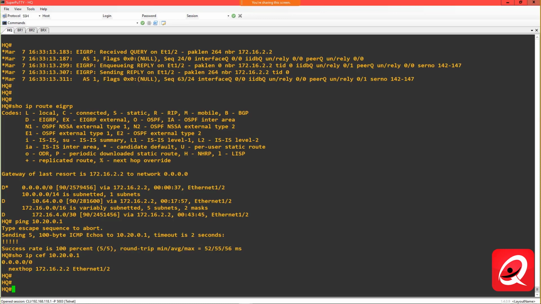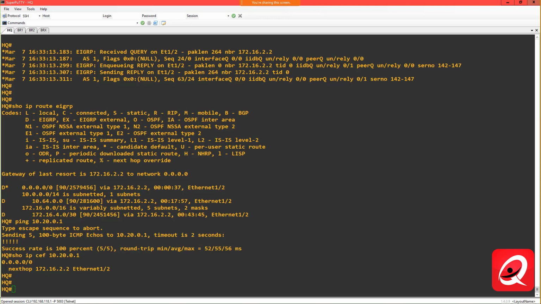Now if you have a really, really large topology, you could limit the scope of your queries by running other routing protocols and creating other routing domains. Queries are obviously not going to propagate from an EIGRP domain into an OSPF domain. So we can certainly limit the scope of queries in that particular case.